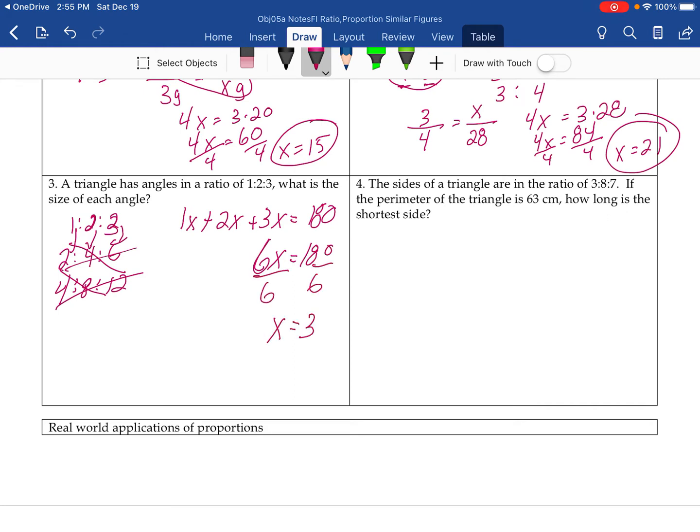Divide by 6. X is equal to 30. So my angles are going to be 1 times 30, which is 30, 2 times 30, which is 60, and 3 times 30, which is 90.